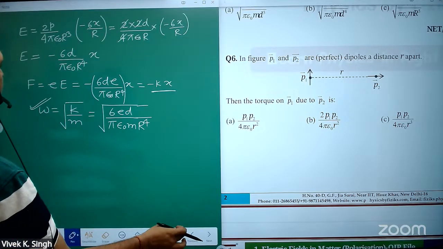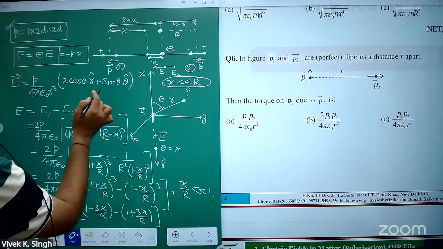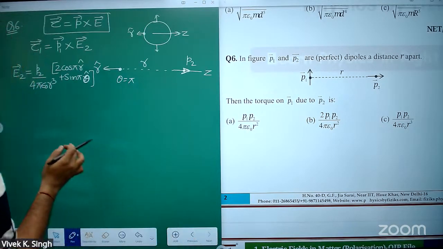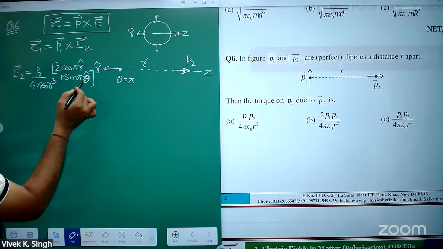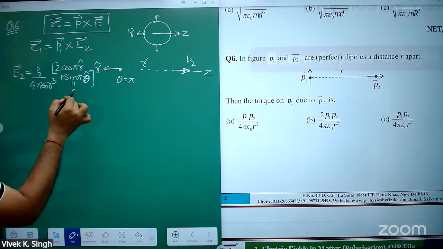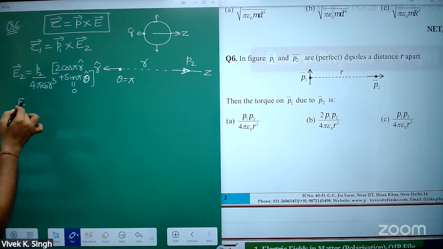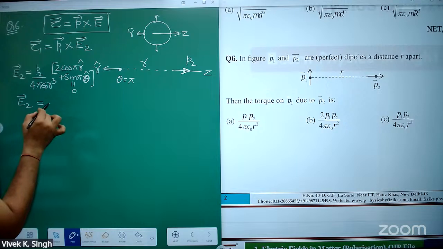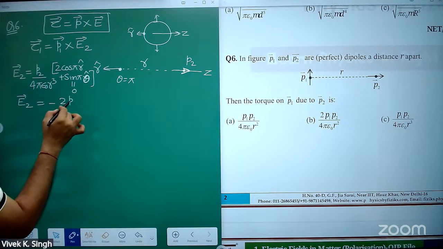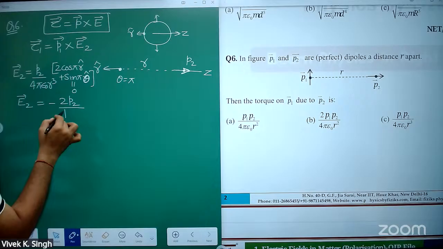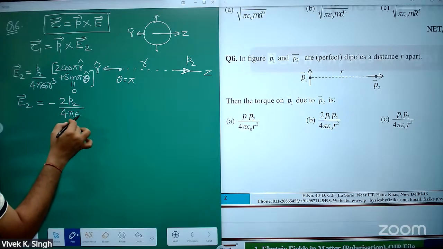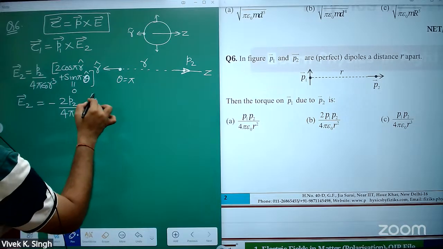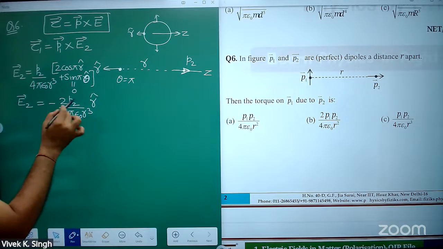Just like the previous case, I have given the formula: 2 cos theta r cap plus sin theta theta cap. So cos pi is minus 1 and sin pi will be 0. So E2 is given by minus 2 P2 by 4 pi epsilon naught r cube. Direction is minus r cap.